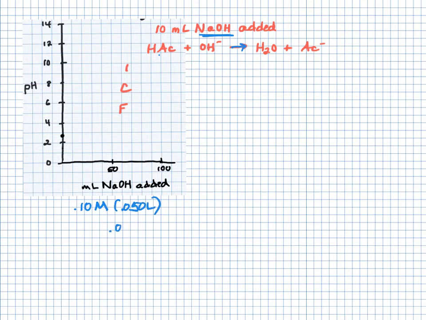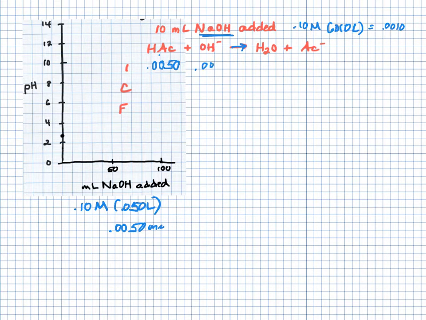So it's going to be 0.005 moles. And our NaOH was 0.1 molar. So that times 10 milliliters, or 0.01 liters, is going to give us 0.0010 moles.